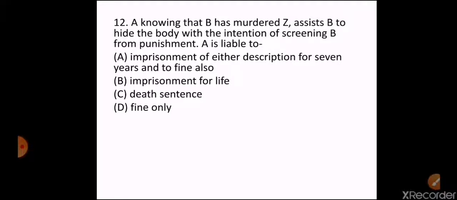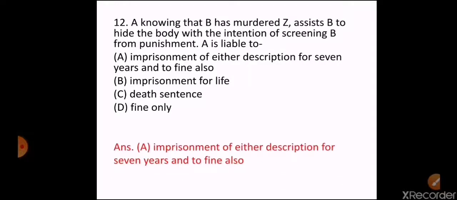The next question is, A, knowing that B has murdered, assists B to hide the body with the intention of screening B from punishment. A is liable to: A, imprisonment of either description for 7 years and to fine also; B, imprisonment for life; C, death sentence; and D, only fine. So the correct answer is option A, that is imprisonment of either description for 7 years and to fine also.